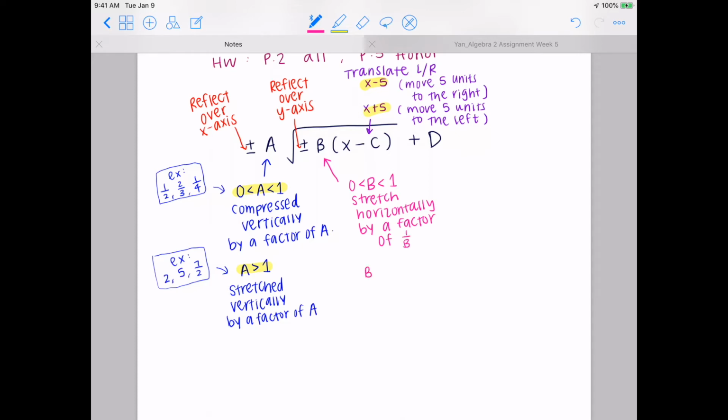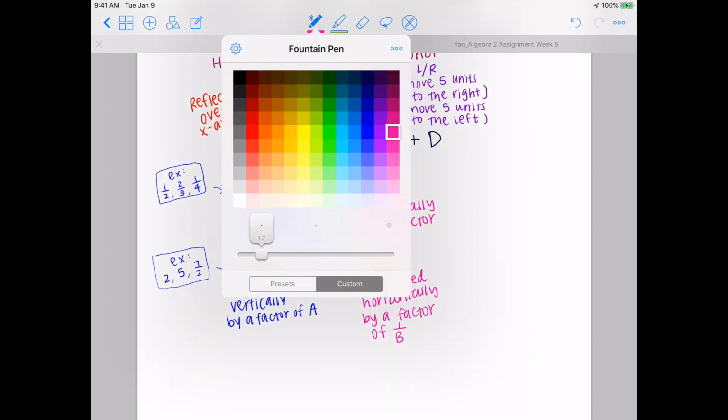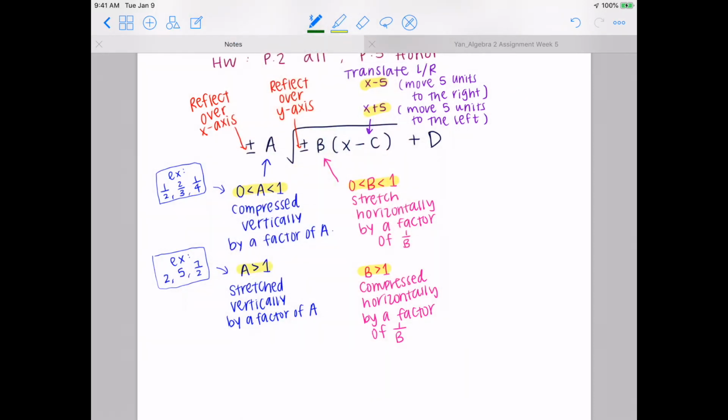Okay? And then if b is greater than 1, this would be compressed horizontally by a factor of also 1 over b. Okay? I will give some examples later, so don't worry if you don't quite understand what we're doing right now. But you just got to know that every one of these letters means something to transform your original function.